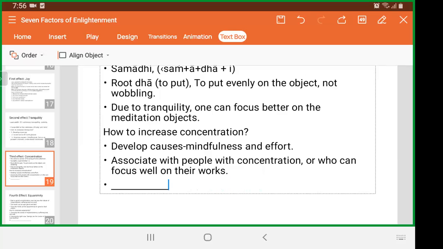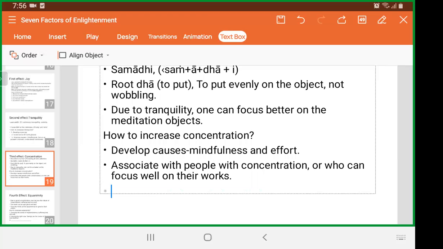Okay, anybody want to add in here? Any suggestion? I think if we observe the precepts, then it will help us to have no guilty conscience. Yeah, then your mind can be calm and able to concentrate better.